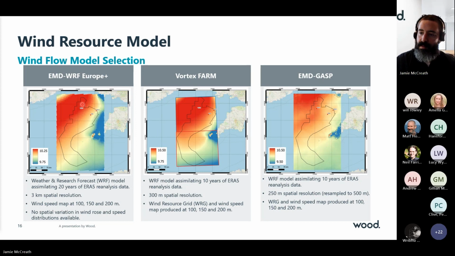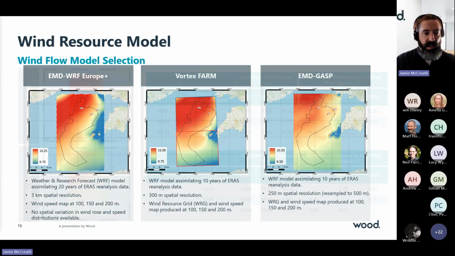And given such a large area, and we're seeing a small amount of veer just between these LiDARs, the veer that you're experiencing potentially around the Cornish coastline and then further south, there's a danger if you don't have the embedded wind roses and speed distributions that you're going to be incorrectly capturing the wind resource here. It also has a much coarser resolution, so for that reason we didn't proceed with that one.